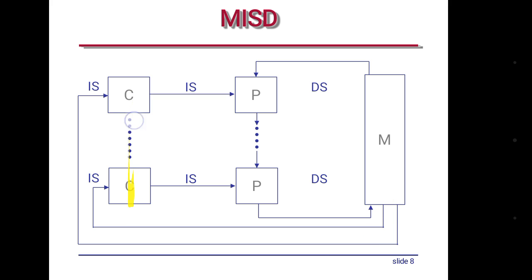As you can see here, there are multiple instructions processed by the processors, and each processor generates a single data stream, which moves to the memory unit. So MISD is the concept of multiple instructions over a single data. Now move forward.